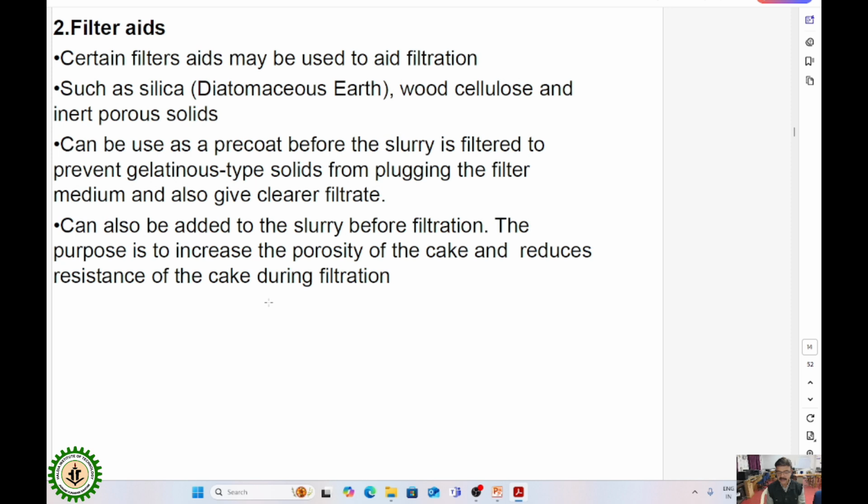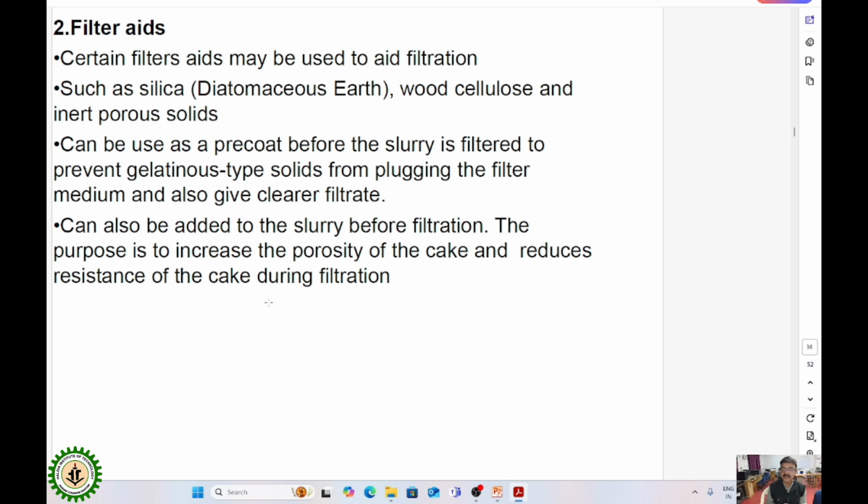One time will come when the resistance is sufficient that no flow is there. If we keep it normally, there must be a fixed time of filtration. But how to increase the time of filtration further? Using filter aids is one of the options by which the time of filtration can be extended.